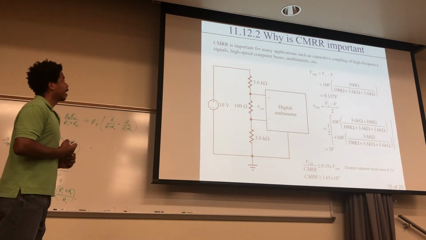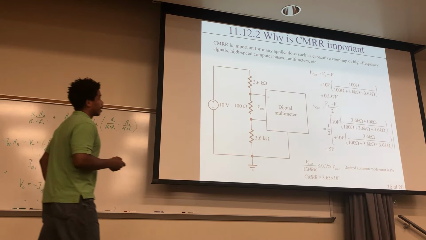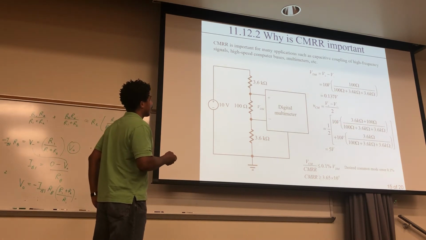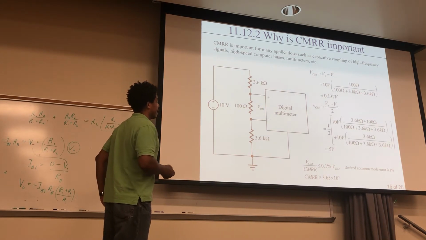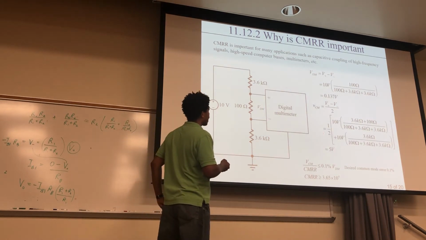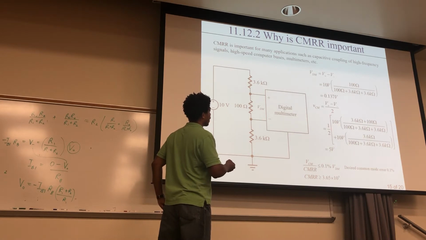Okay. Now for this common mode voltage going in here, that's this plus this divided by 2 going to this multimeter. Now you can look at that. Here's a 1/2 out in front. V plus right here is the voltage right at that point.